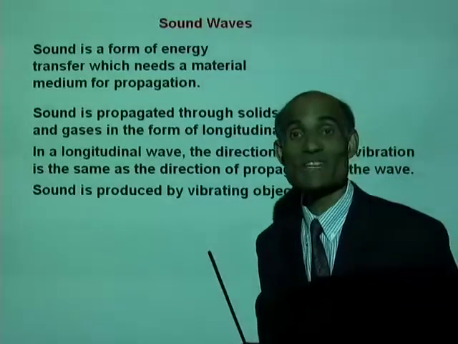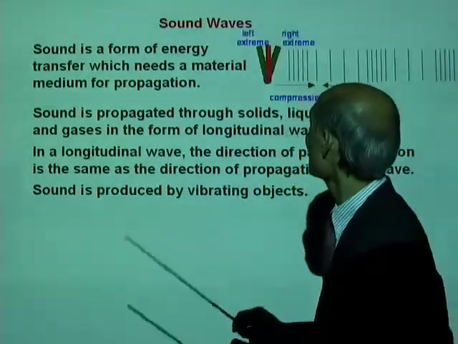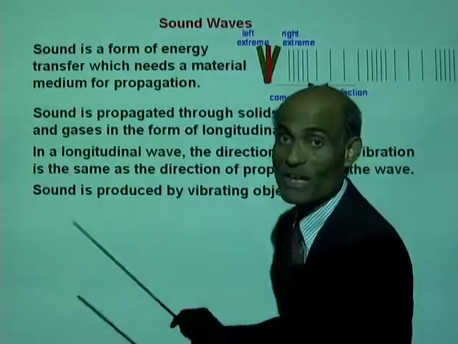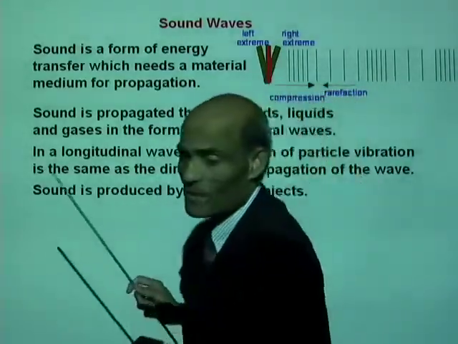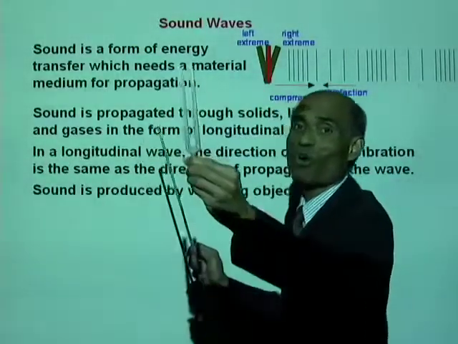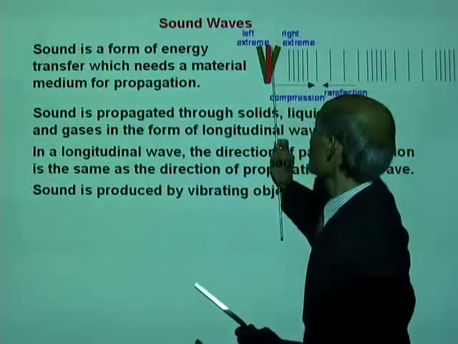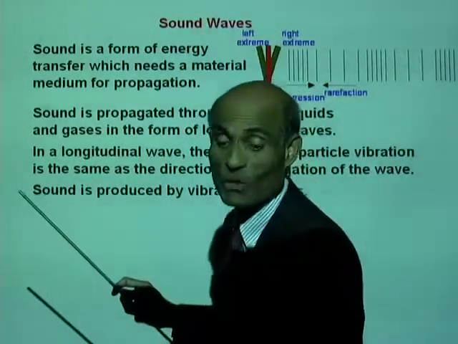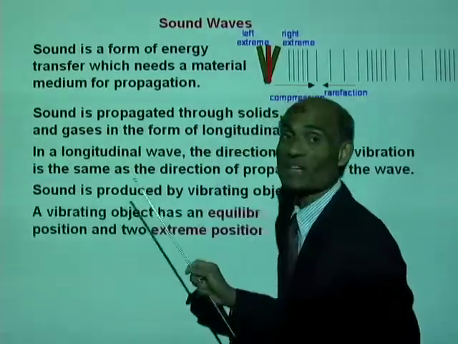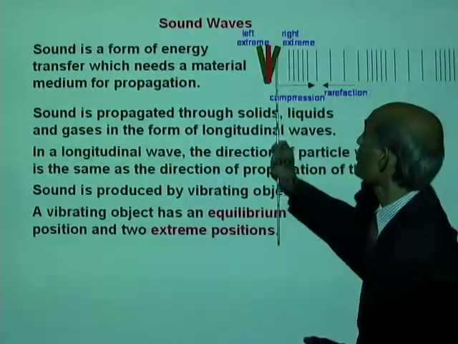Of course, we already said sound is produced by a vibrating object. Now here I have shown something similar to the tuning fork. A vibrating object has an equilibrium position and two extreme positions.